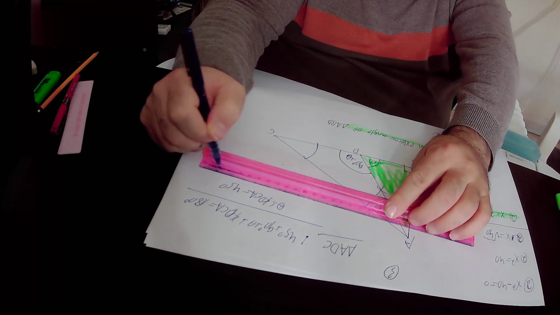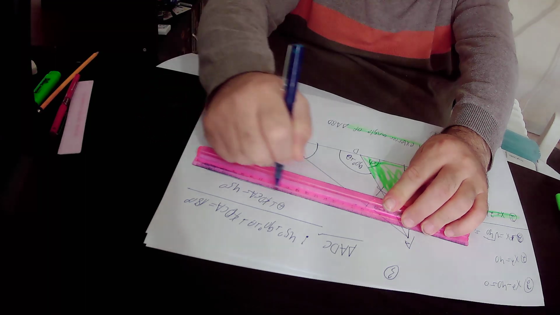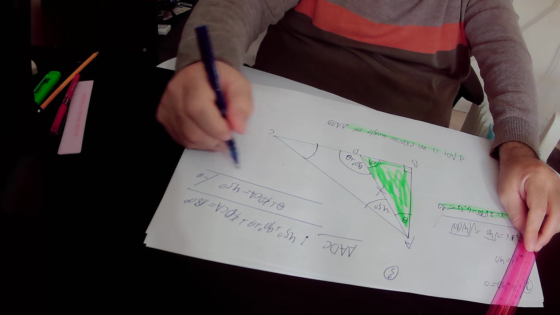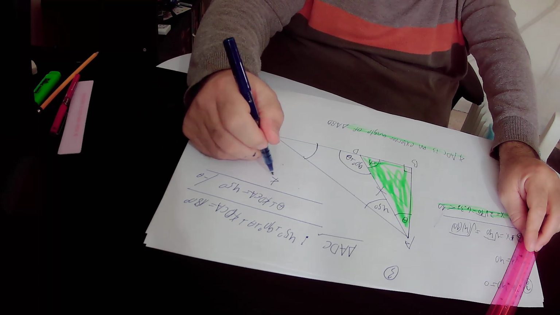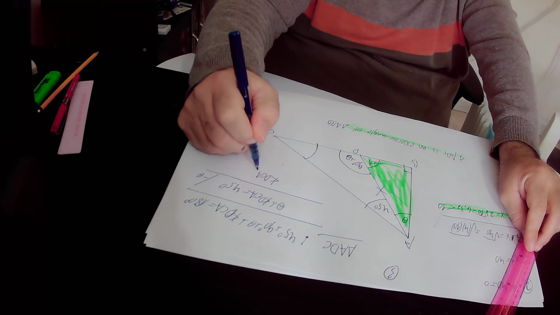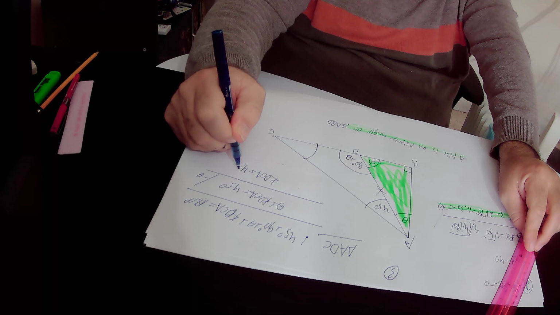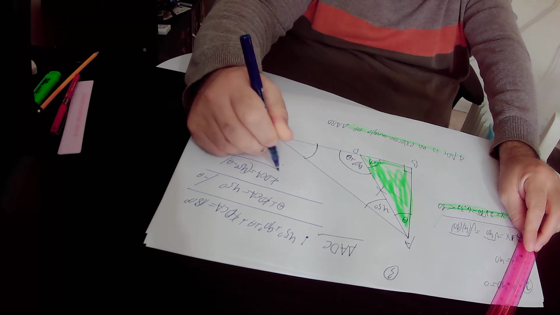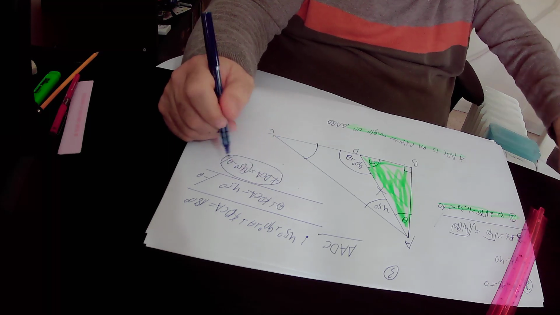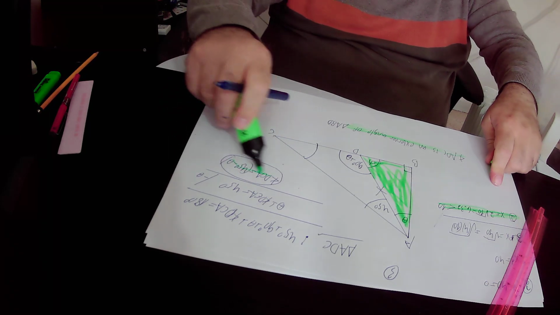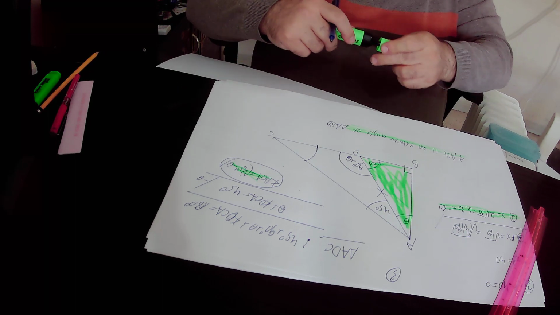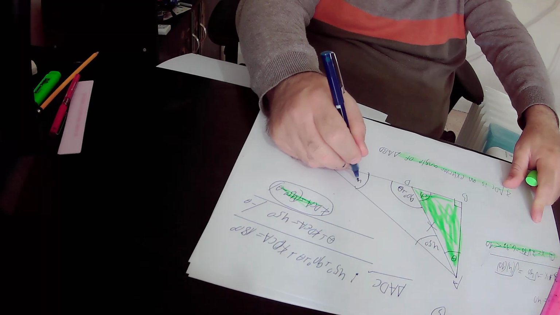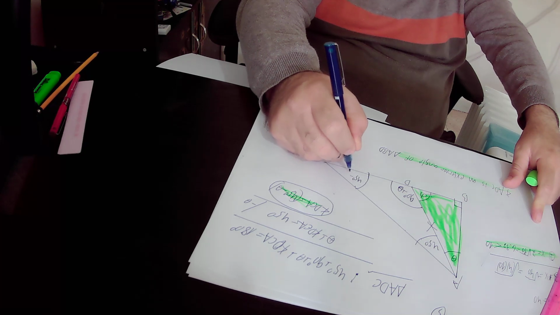Here we will subtract theta from this equation, and we will get that the missing angle DCA is equal to 45 degrees minus theta. Okay, this is the missing angle here, equal to 45 degrees minus theta. So we can write down that this angle DCA equals 45 degrees minus theta.